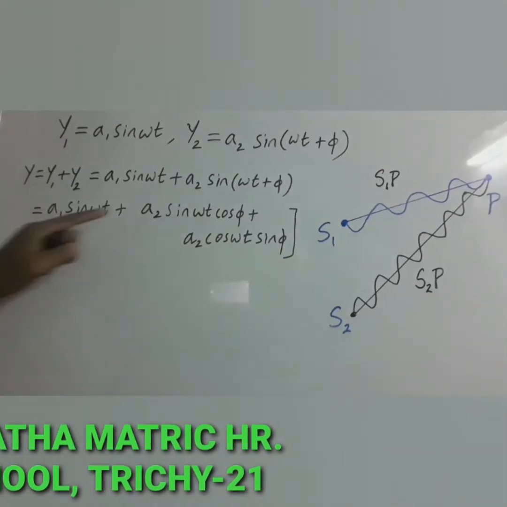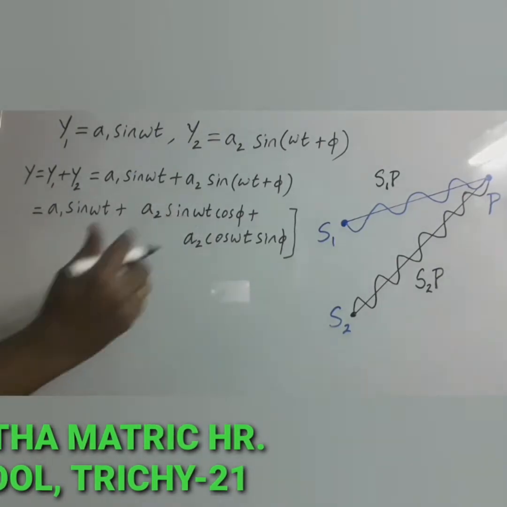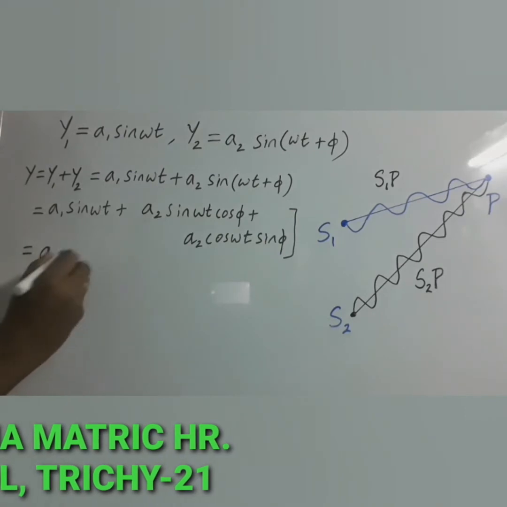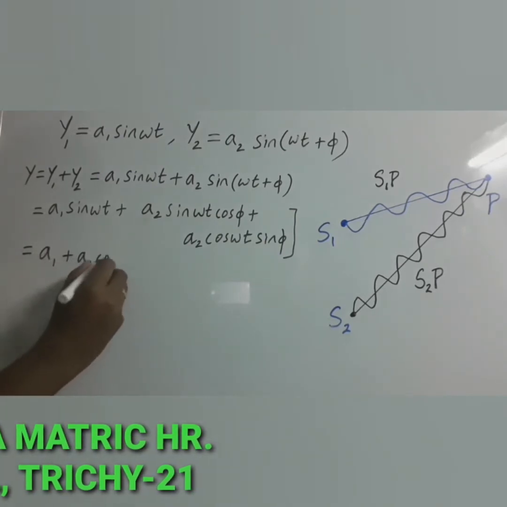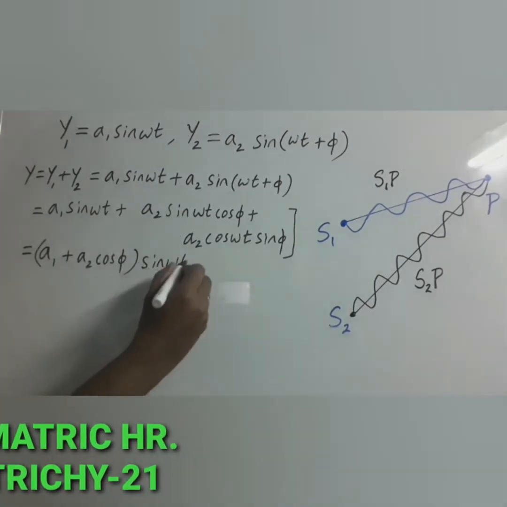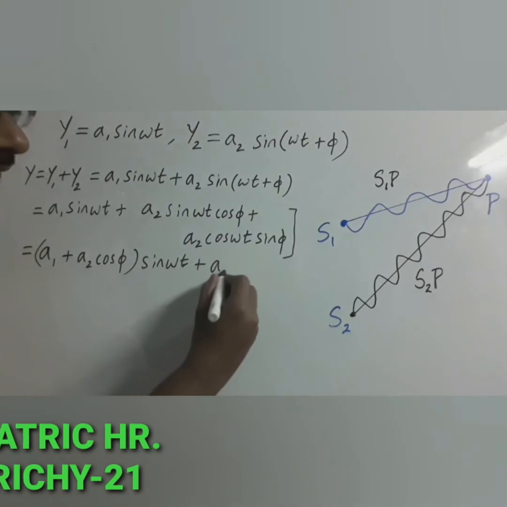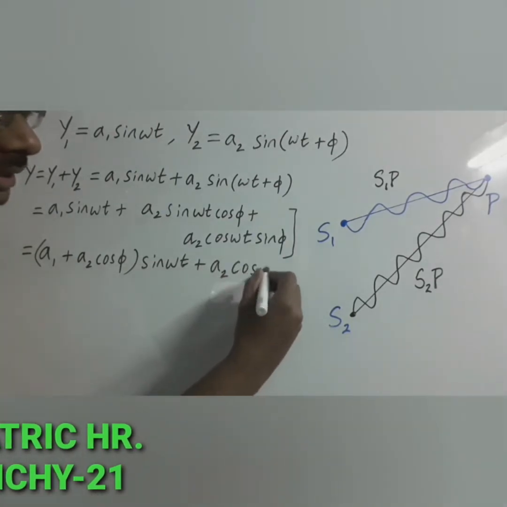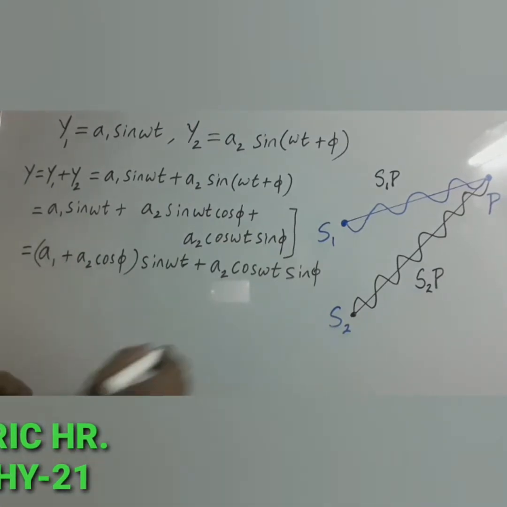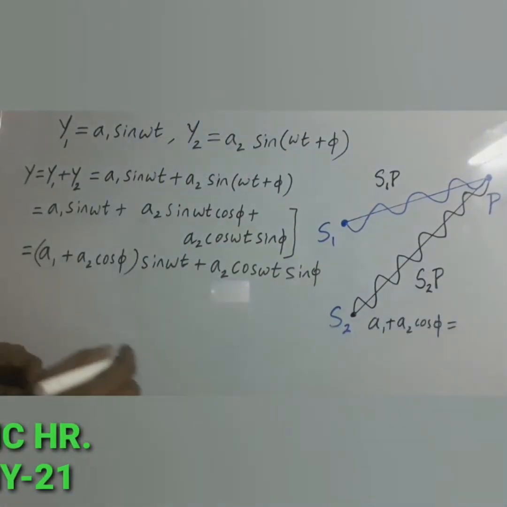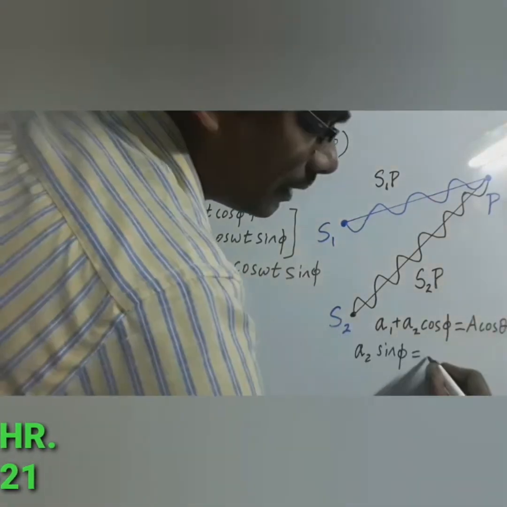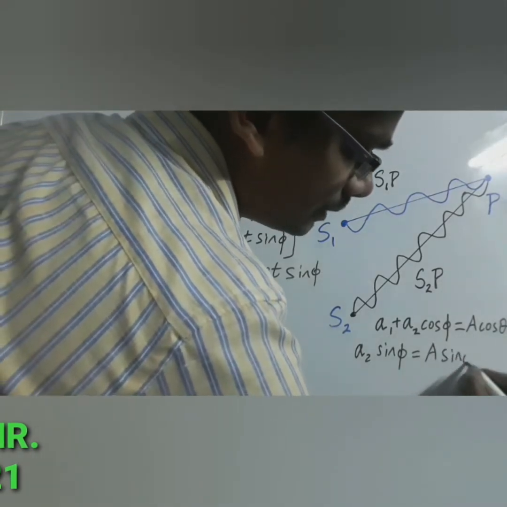In the first two terms, sin omega t is common, so that can be taken outside: (a1 plus a2 cos phi). I am going to take sin omega t as a common factor, plus the second term, a2 cos omega t sin phi. Here let us take (a1 plus a2 cos phi) as A cos theta. Likewise, a2 sin phi can be taken as A sin theta.